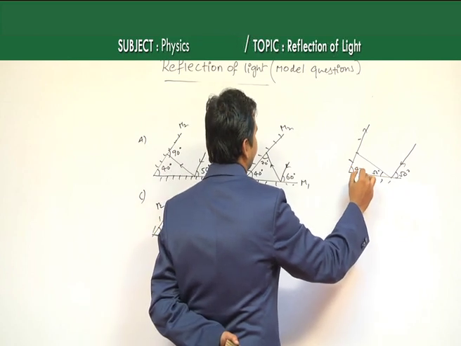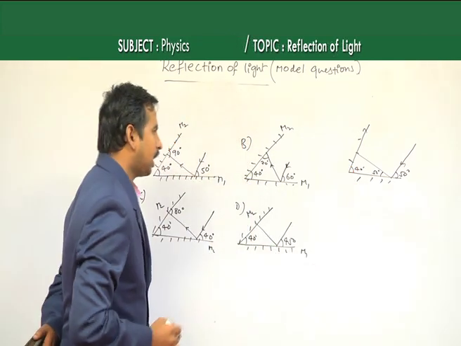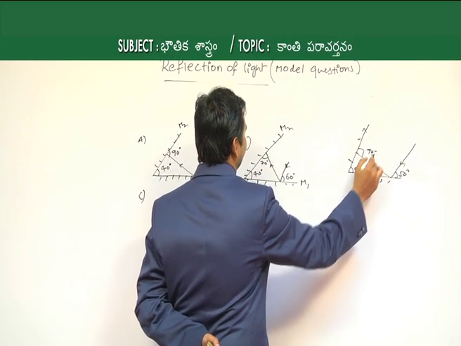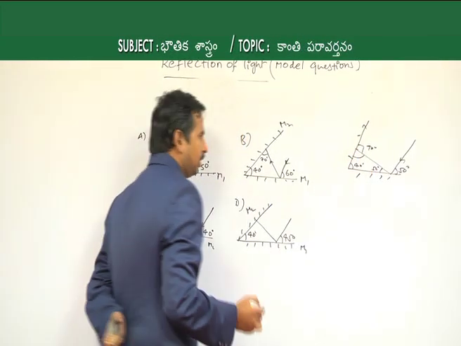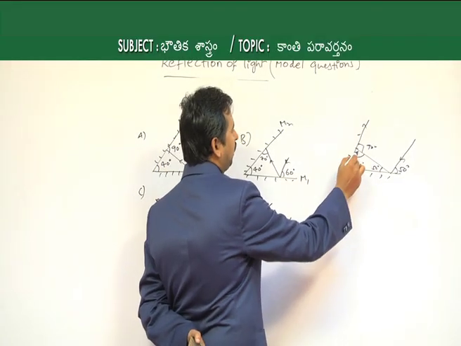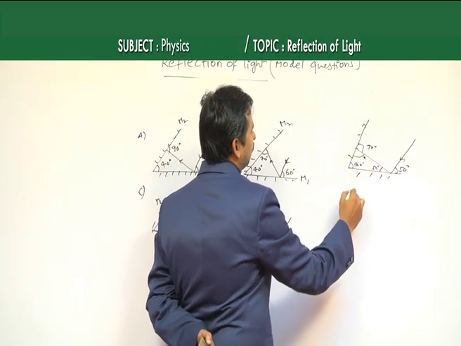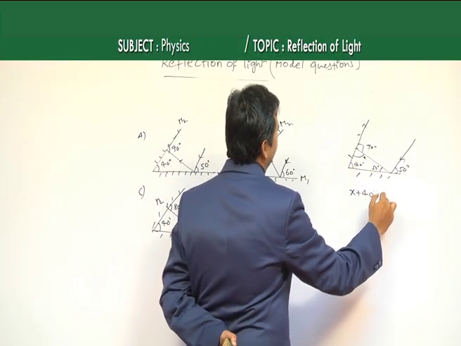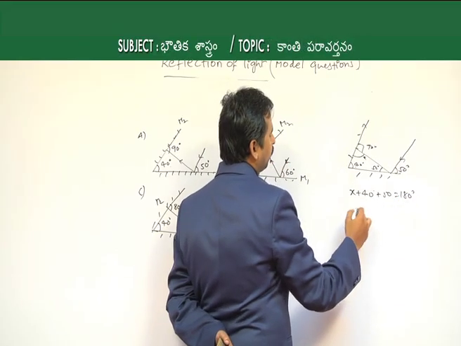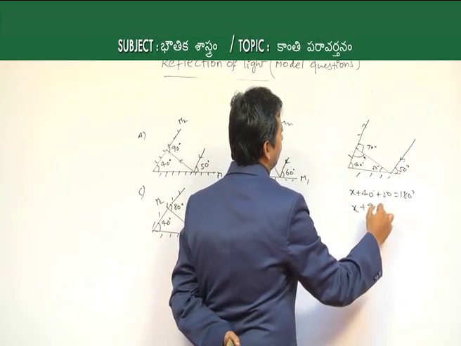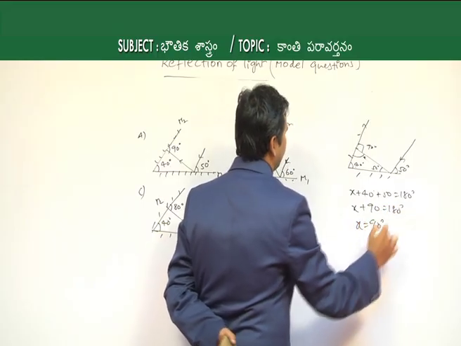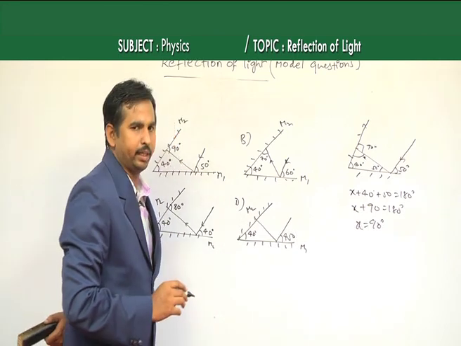Then we have a triangle here with angles 50, 40, and let us suppose this is some x. Then x plus 40 plus 50 is equal to 180 degrees. 40 plus 50 is 90, so x becomes 90 degrees.